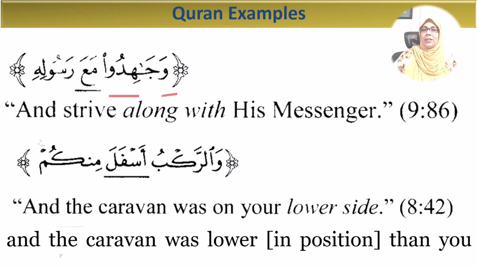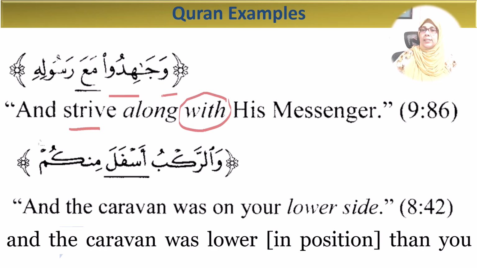Jahidu means strive. It's a verb in the imperative. It's a commanding verb saying strive. It's in plural, and inshallah we will cover verbs like this in future lessons. But here the focus is on the adverb. Ma'a is your adverb here to mean with.